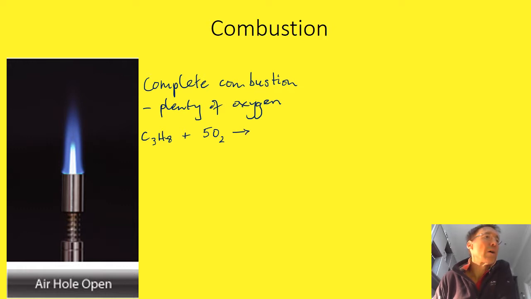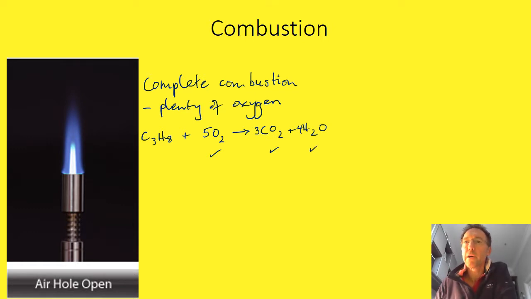And then we're going to make carbon dioxide for complete combustion and water vapor. But to make them balanced, we need 3 carbon dioxides and 4 water molecules. So that is an example of a complete combustion reaction. The important things to notice are plenty of oxygen and the products being carbon dioxide and water.